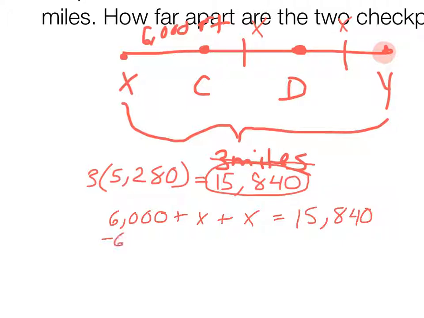So if we subtract 6,000 from both sides and add the 2 x's together, which would give us 2x, this would be 9,840.